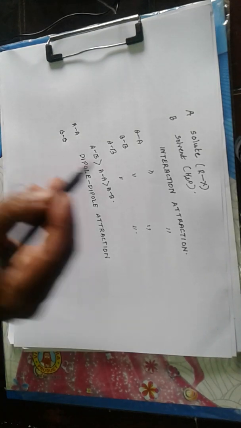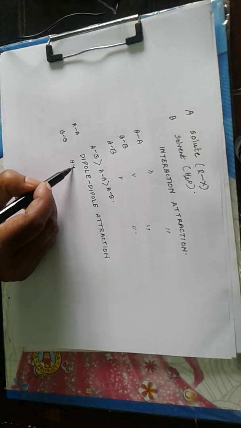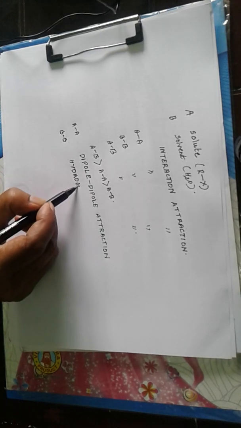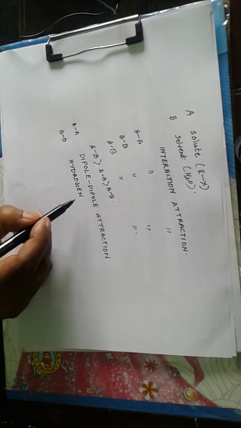For BB attraction between water molecules, the strongest force is hydrogen bonding. So hydrogen bonding is stronger than van der Waals forces, that is dipole forces.